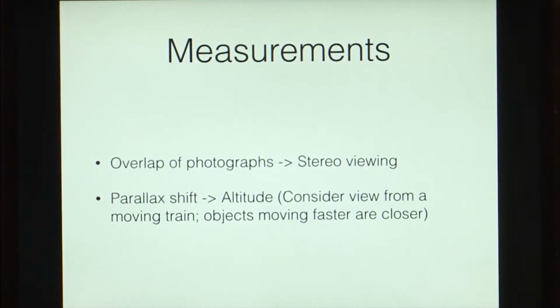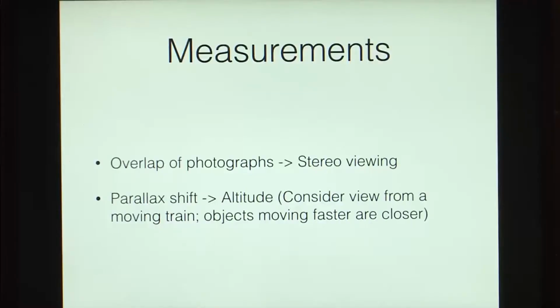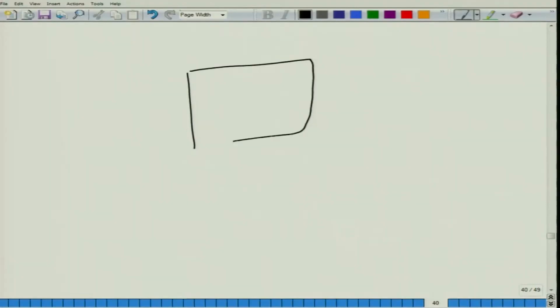Now, how do we take these measurements? As we saw in the previous slide, when we are taking two photographs, these two photographs will have some amount of overlap to permit us stereo viewing. Stereo viewing means that you are taking the image of the same object from two different locations. So, for instance, when we have this as photograph 1 and this as photograph 2, so this is P2 and this is P1.